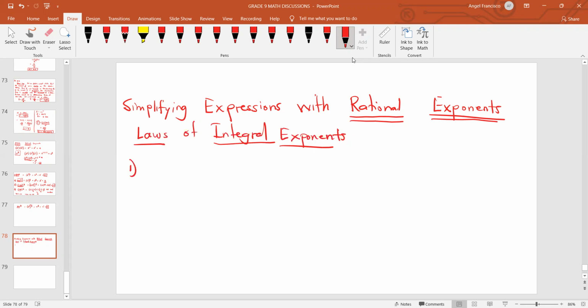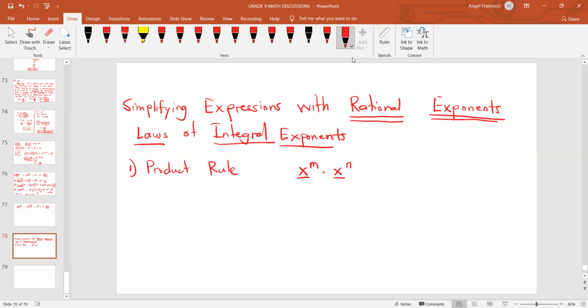Okay, number 1, product rule. What is product rule? Let's say, for example, you have x to the m power times x to the n power. This means you have the same base and two different exponents, or maybe they have the same value.